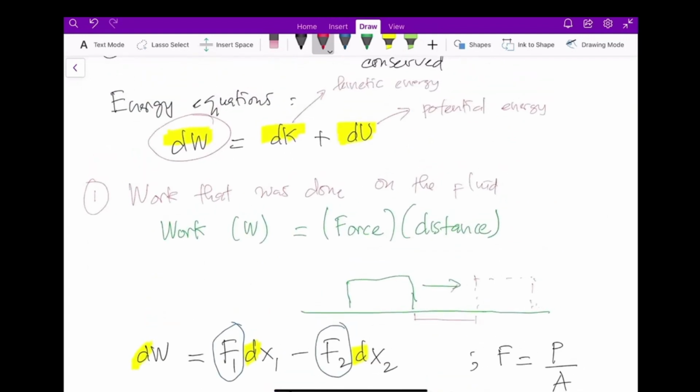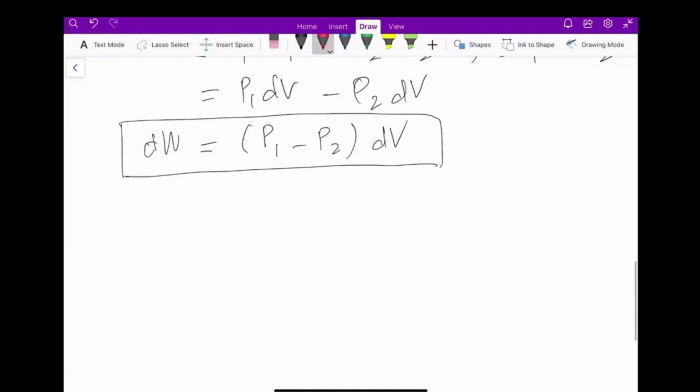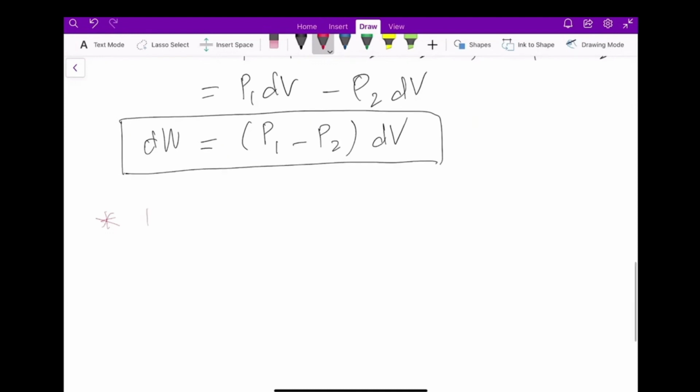Okay, we have here dK, the change in the kinetic energy. The next term is the change in kinetic energy. The differential term refers to the change here.